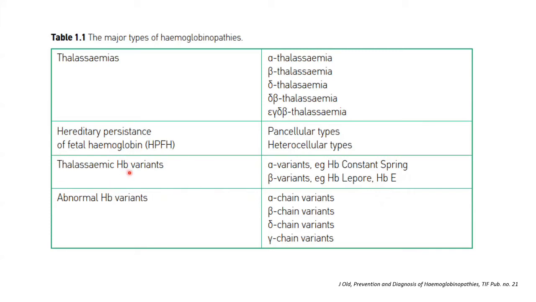That's why they are called thalassemic hemoglobinopathies. I hope that's clear to everyone. So thalassemias are quantitative defects, hemoglobinopathies are qualitative defects, and a combination of both is thalassemic hemoglobinopathy.